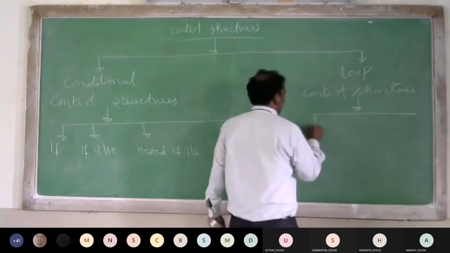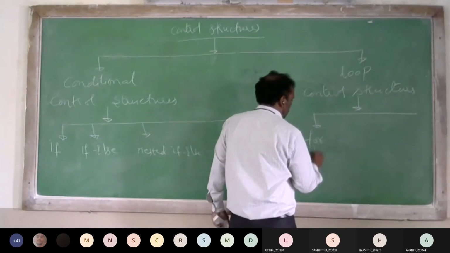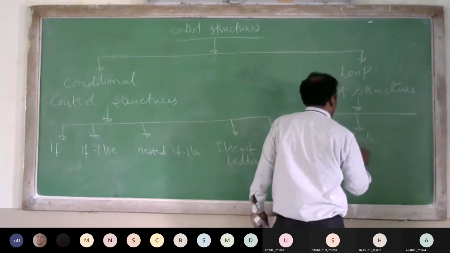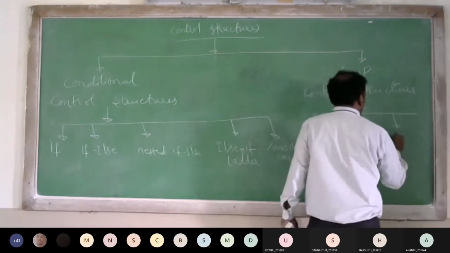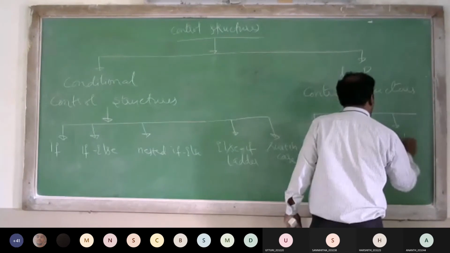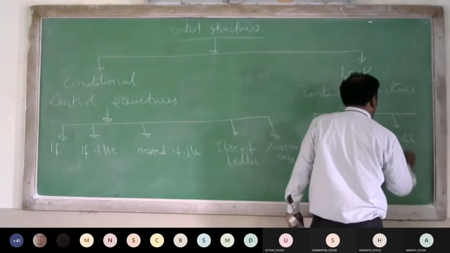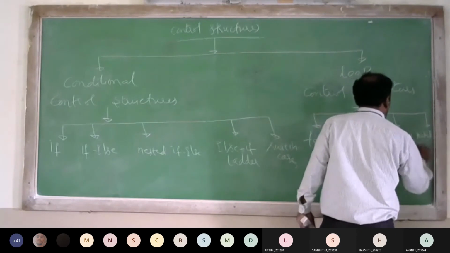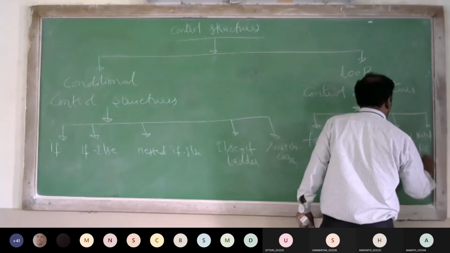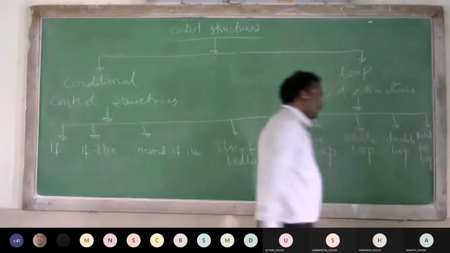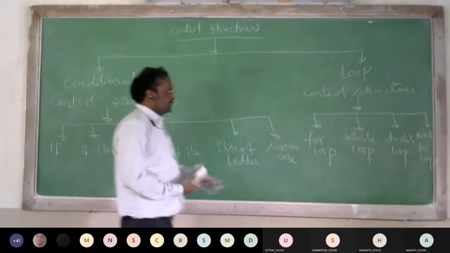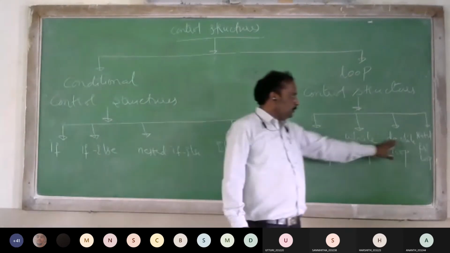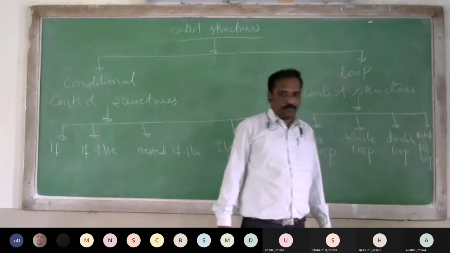Loop control structures are divided into for loop, while loop, do while loop, and nested for loop. So loop control structures are divided into 4 types: for loop, while loop, do while loop, and nested for loop.